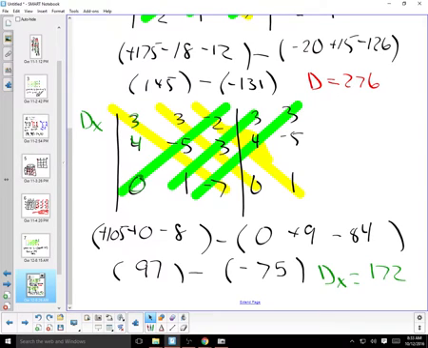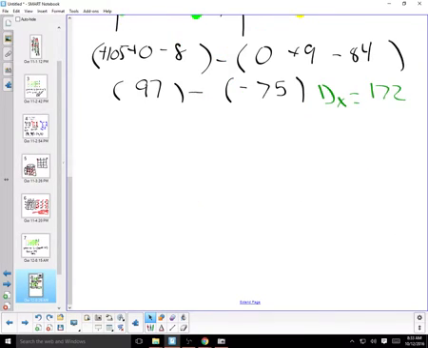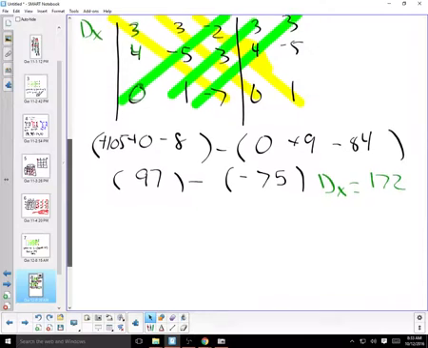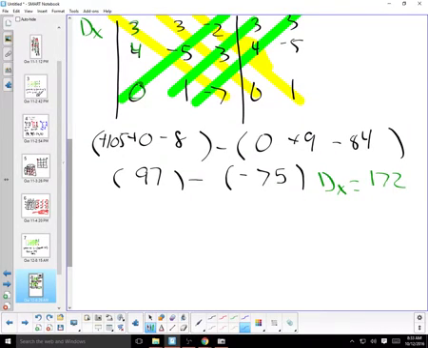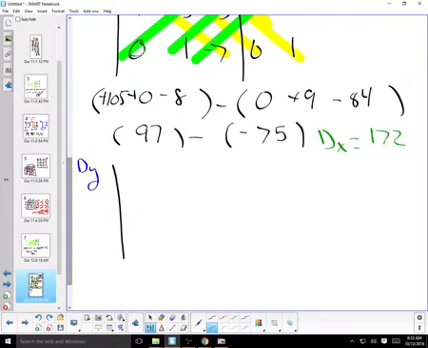All right. Now we've got to work with D sub y. So we're going to get, what were the original x values? 5, 6, and -2? Yep.